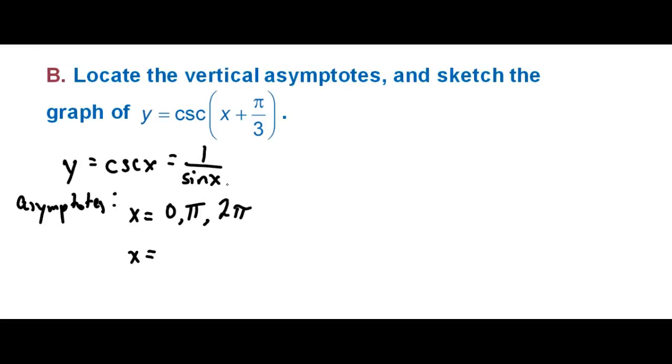So we would have essentially negative pi over 3. Pi, remember, would be 3 pi over 3. So 3 pi over 3 minus pi over 3 would be 2 pi over 3. Or you can think of it, since I'm adding pi each time, I'm essentially adding another pi each time here. So 2 pi over 3 plus another pi would be 5 pi over 3.